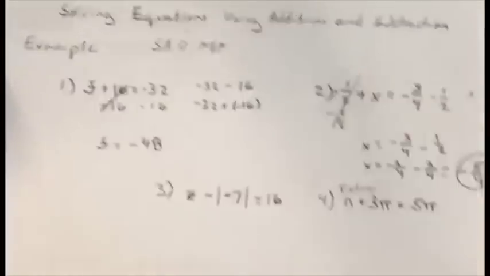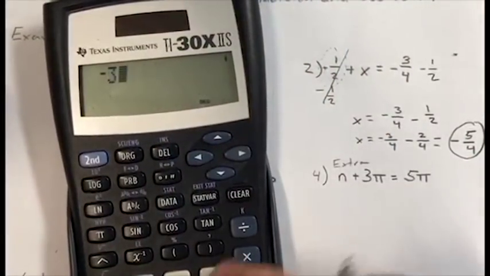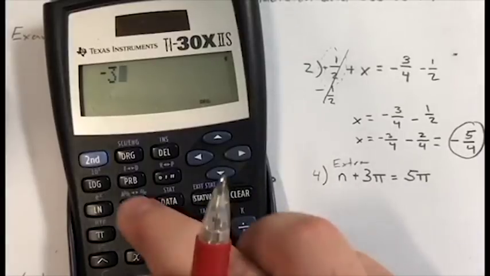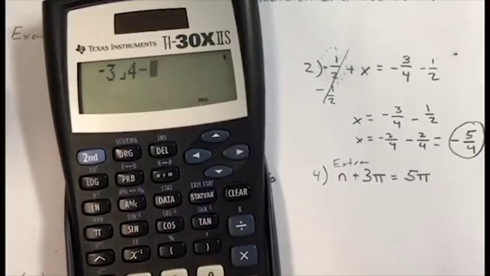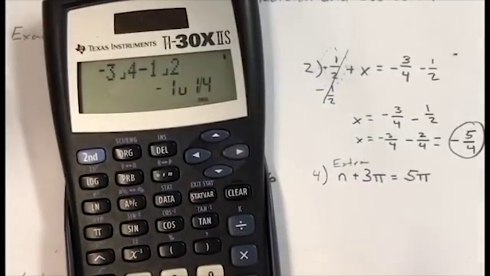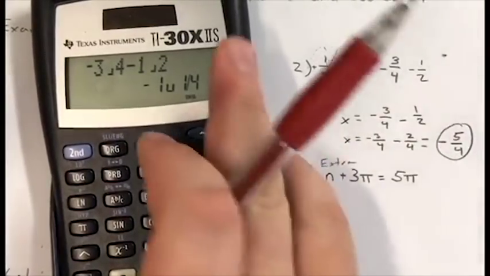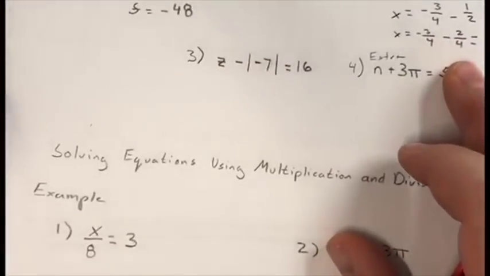Don't believe me? Let's find out. So I'm going to go negative 3/4 minus 1/2. And when I get it, I get negative 1 1/4, which happens to be negative 5/4 simplified into a mixed number.